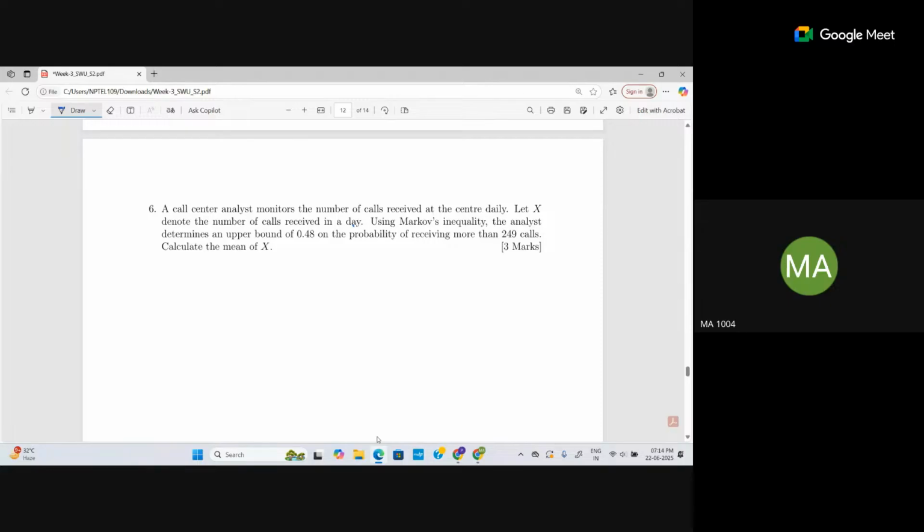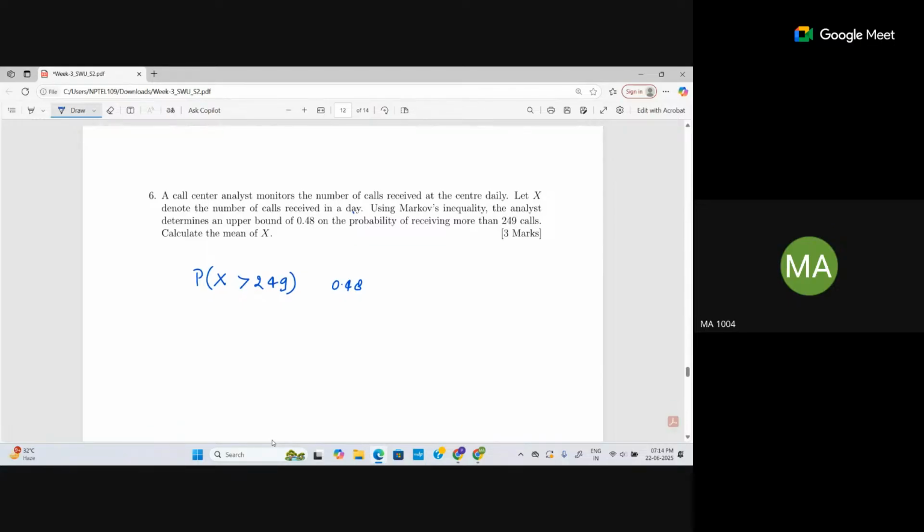So using Markov's inequality, the analyst determines an upper bound of 0.48 on the probability of receiving more than 249 calls. So the probability that X is greater than 249. For this, the upper bound is given. So this is 0.48.